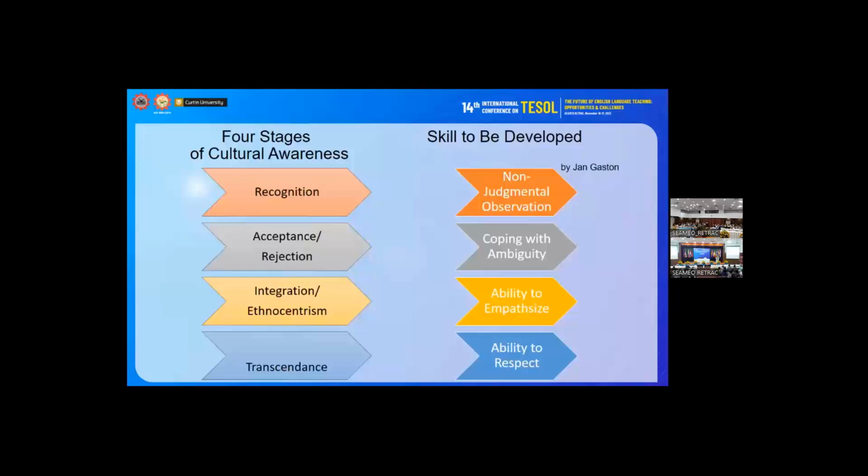They realize that they have certain characteristics that identify them, and then they look at people who don't have those characteristics and they say, oh, those are foreigners. But the teacher at that stage can help them to have a non-judgmental attitude toward other cultures. Then the next stage is acceptance or rejection of the culture.